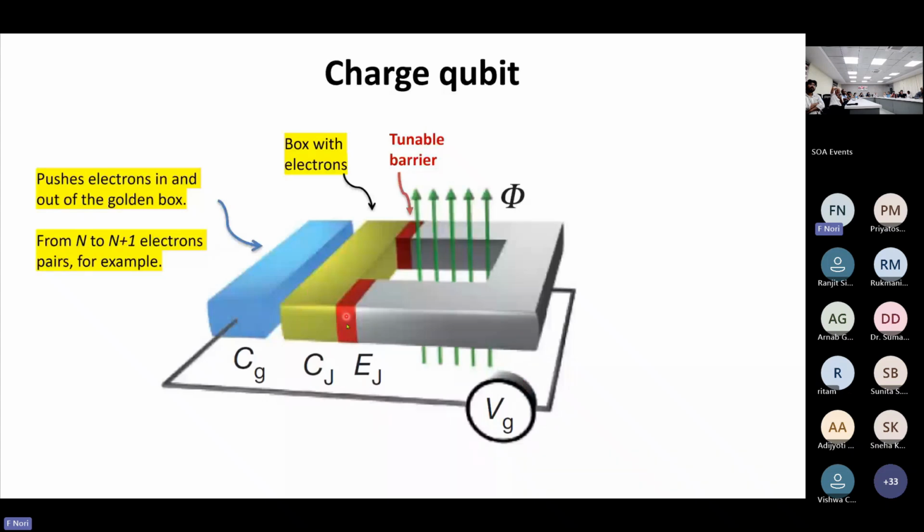You're pushing the electrons in and out. This corresponds to rotating the state of the system on a Bloch sphere. You do that by changing the electric knob and the magnetic knob. So this is the key idea. If this slide is understood, you understand the basics, because this transmon qubit essentially is a charge qubit like this one here. You need to put a capacitively shunted version of this.